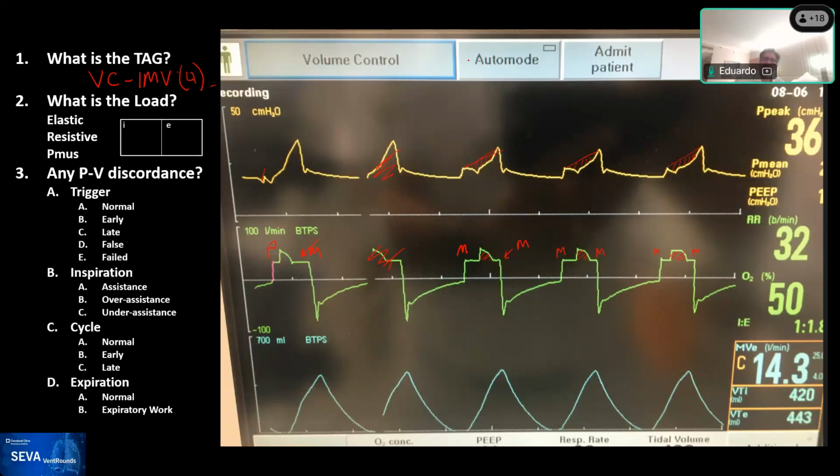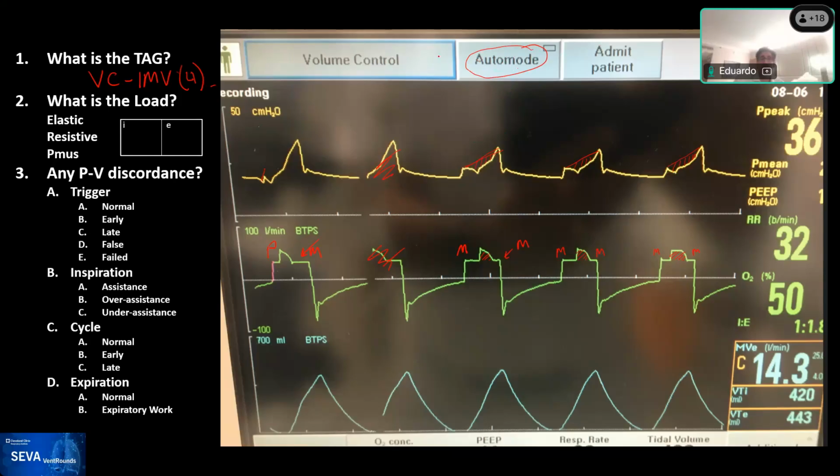This is another aberrancy that occurs in the older types of servo ventilators like this one. There used to be this button up here, which is called auto mode. And if you click it, you change the mode to what the person in the audience is saying: if auto mode is active, then the spontaneous breaths would be volume support breaths. It's a different type of tag, which is also very important.